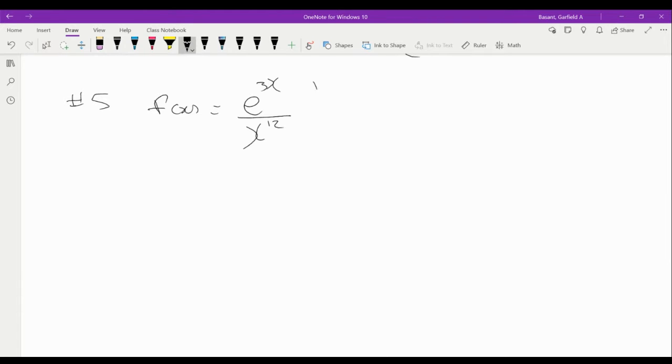Right, so this would be our numerator, and this would be our denominator on the bottom.